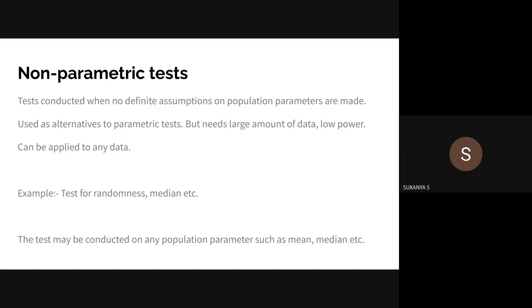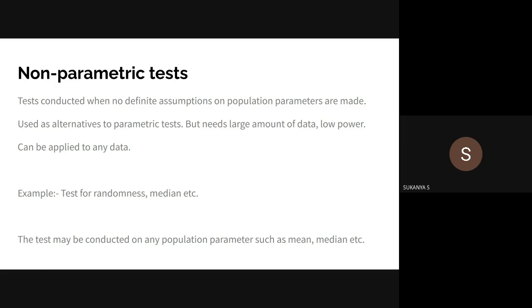This is given by non-parametric tests. They are much more usable when you have data that does not follow any kind of assumptions, or we can't even get them to follow those assumptions. Like you can't transform the data and make it normal, or you can't do anything about it. In such cases, we use non-parametric tests.